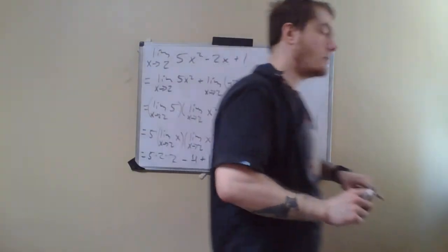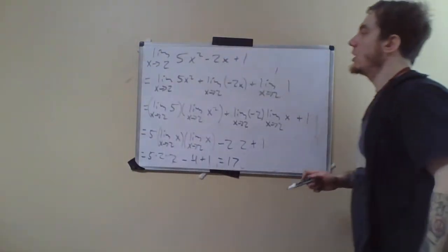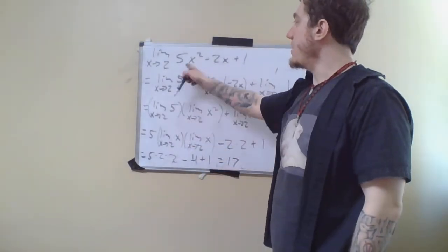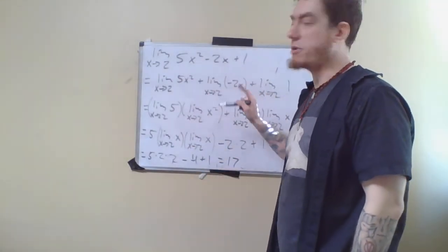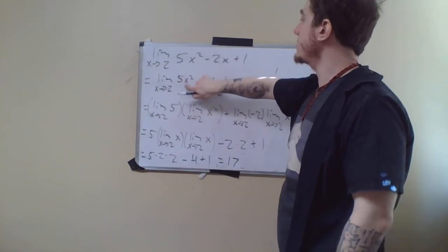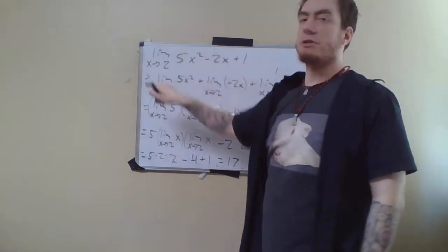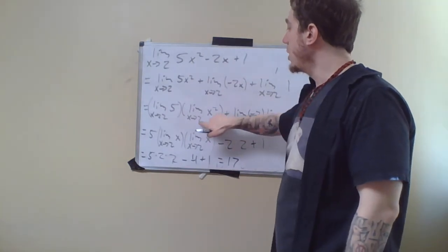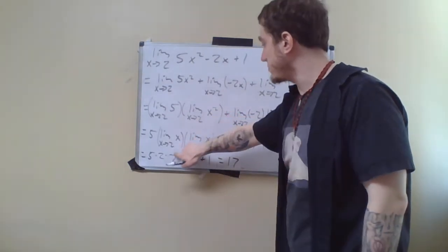But notice that what we ended up doing was actually just plugging in the value x equals 2 into this polynomial, and that's what we get. Because as I broke this thing down, I was able to bring out the coefficients and eventually show that the limit as x approaches 2, I split this up.